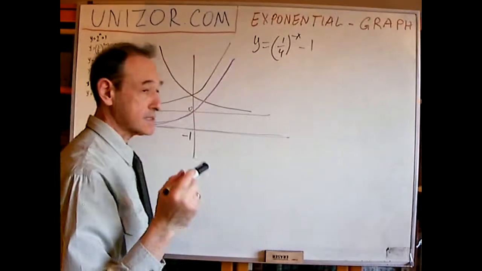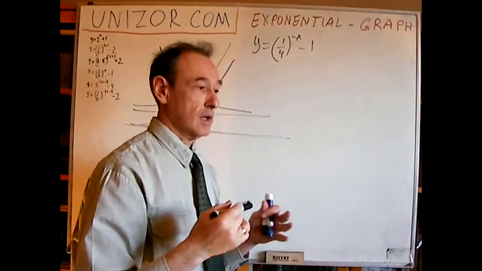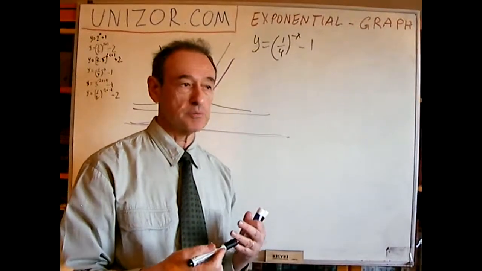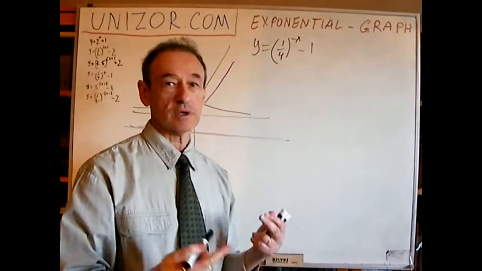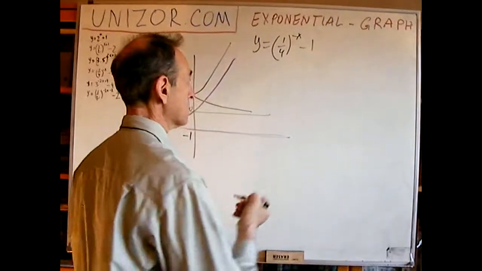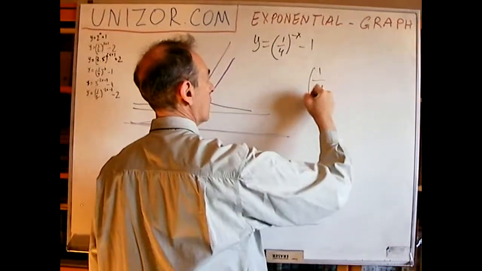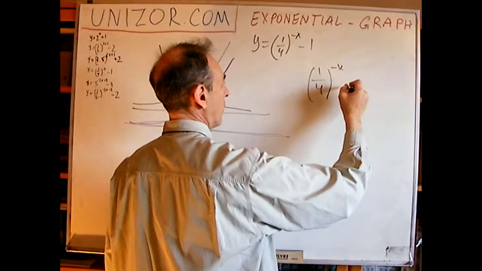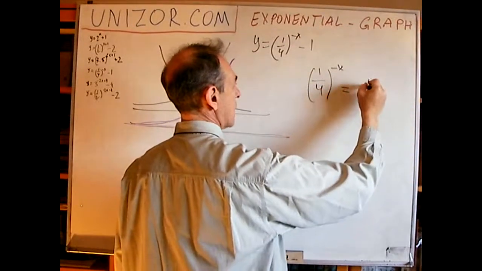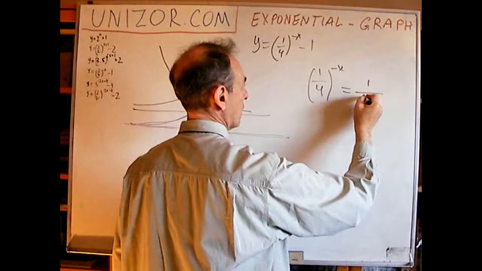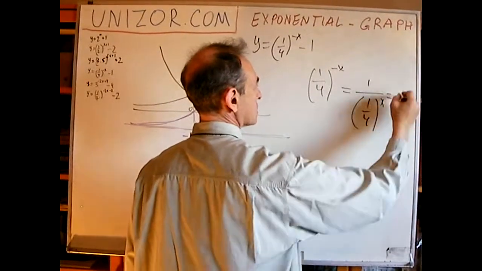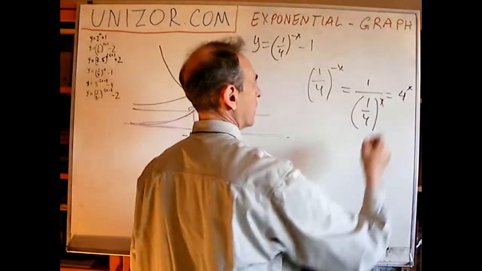Now, let's do it slightly differently. We know that negative exponent means 1 over the corresponding positive exponent, right? So 1/4 to the power of minus x is the same as 1 over 1/4 to the power of x, which is 4 to the power of x.